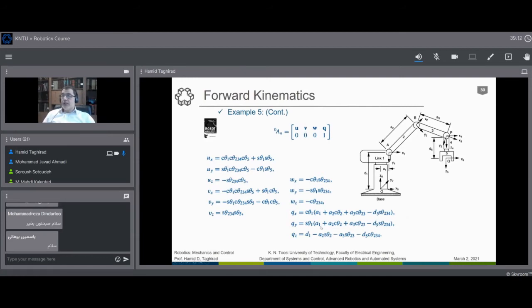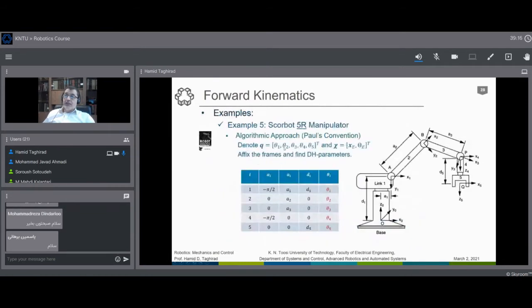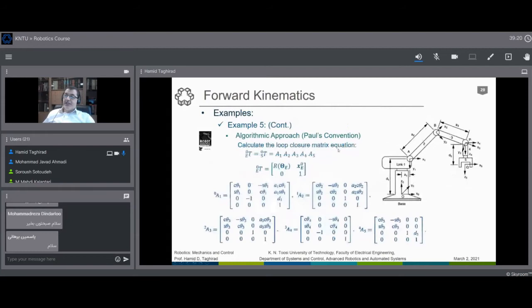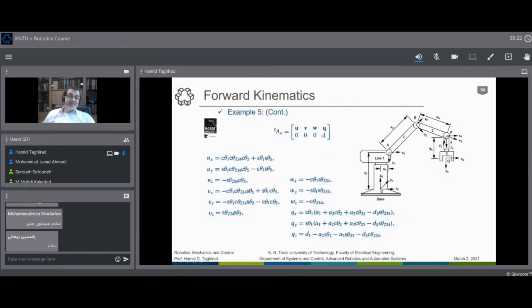This gives us the forward kinematics. If Q is given, and theta 1 to theta 5 are given, then we have the position and orientation. As we see here, in a general form of position and orientation, all the components are quite easily found. The inverse problem is not that easy. We will talk about that later.